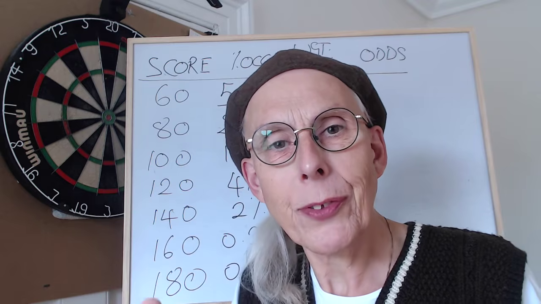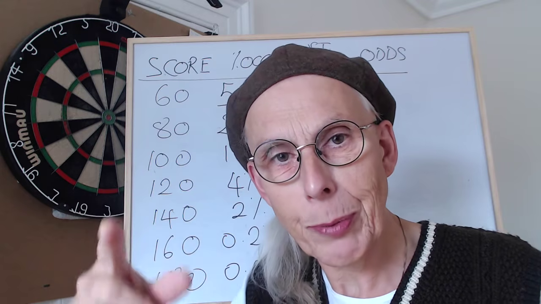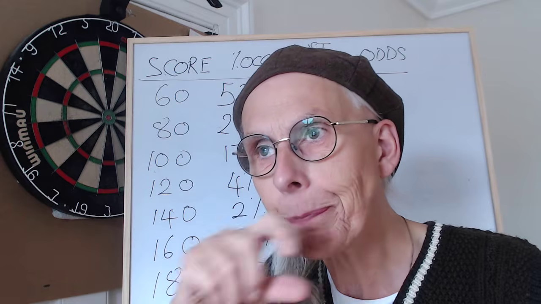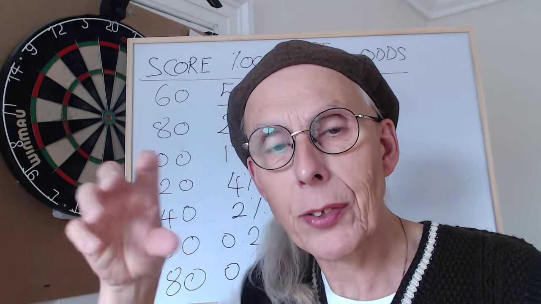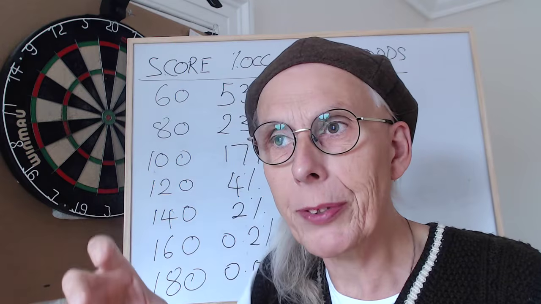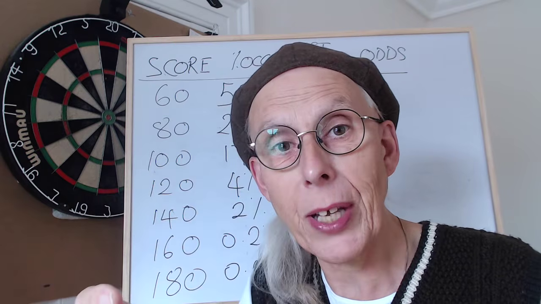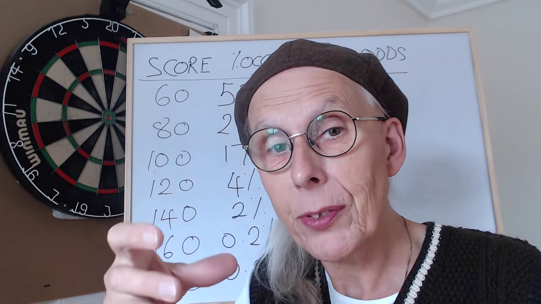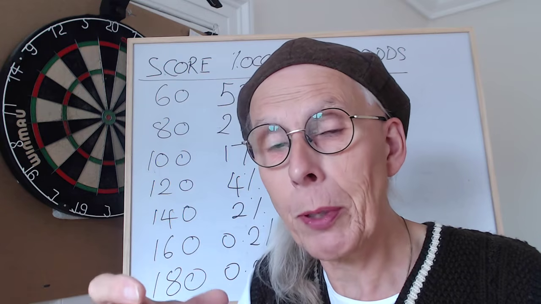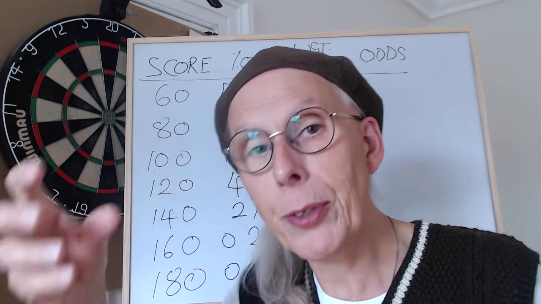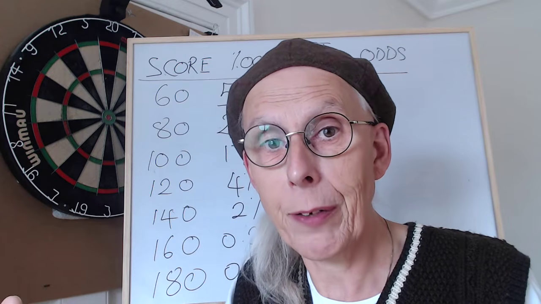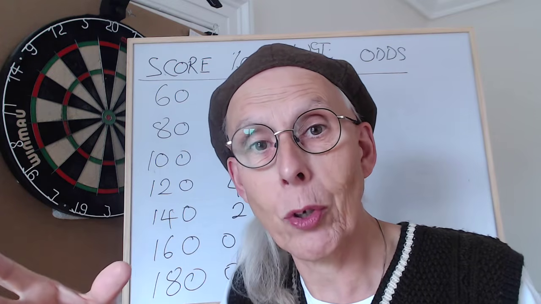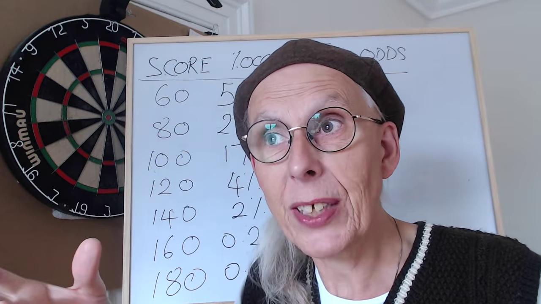And you might say, well, why is that? You can work it out using probabilities, because in order to get a 60, I've got to get a single, a single and a single. If the probability of a single is 80%, that's 0.8. So if you multiply 0.8 times 0.8 times 0.8, you get roughly a half, because 8 8s are 64 and 8 6s are 48.